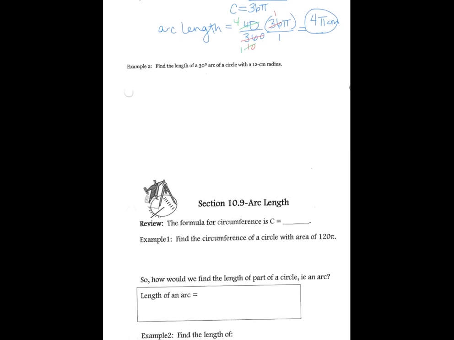Next one, example 2, find the length of a 30-degree arc of a circle with a 12 centimeter radius. So this time we're given the radius, which is 12 centimeters. To get the diameter, we would double that, which would be 24 centimeters. Okay, if we have a 30-degree arc, the arc length would equal 30 over 360 times the circumference of 24 pi.